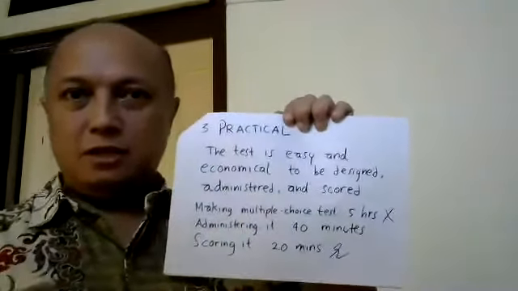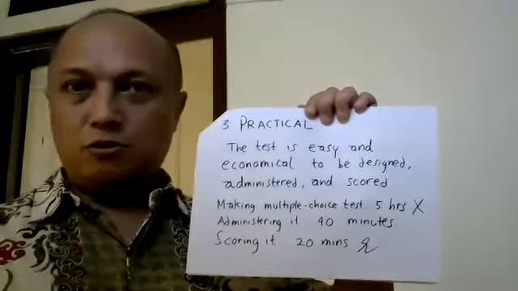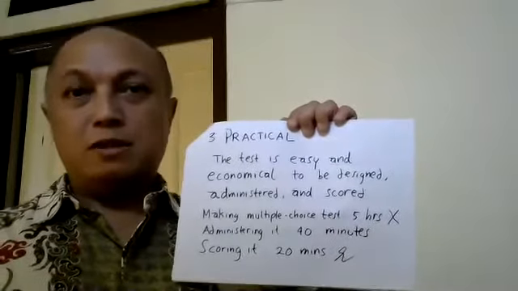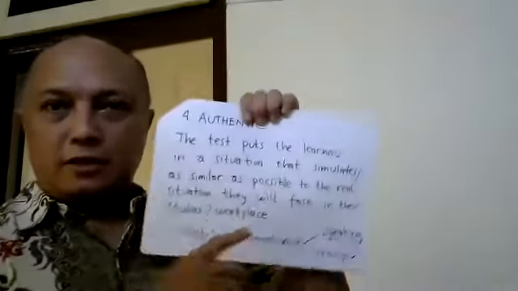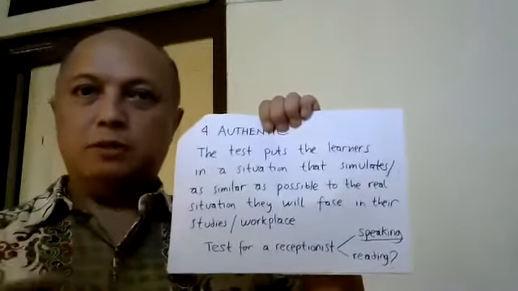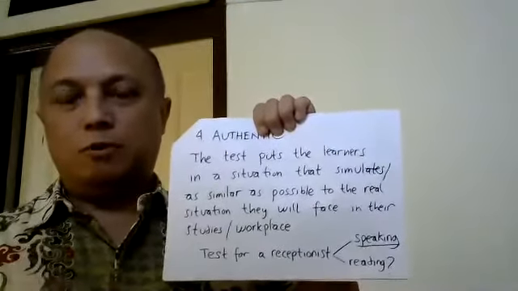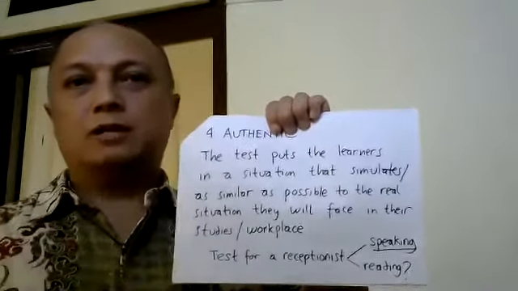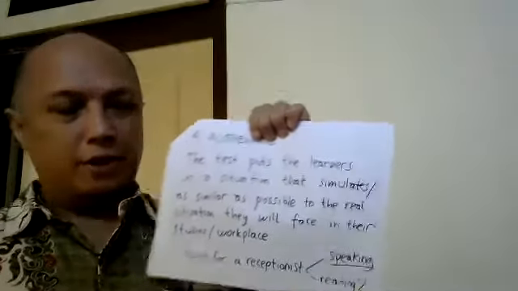Practical means it is easy to make, easy to administer, and easy to score, and preferably not expensive as well. Fourth, authentic. Authentic means a test simulates as closely as possible the real life situation, the real life job or the real life task that your learners will have to do outside the classroom, in their real world. Okay.